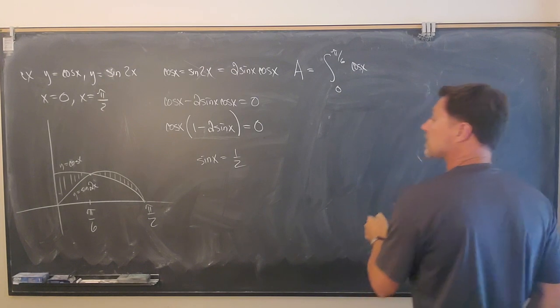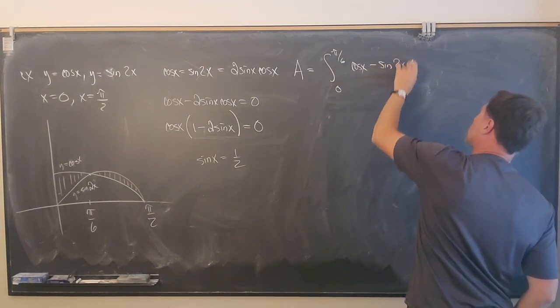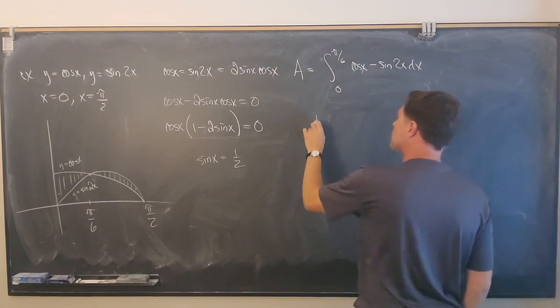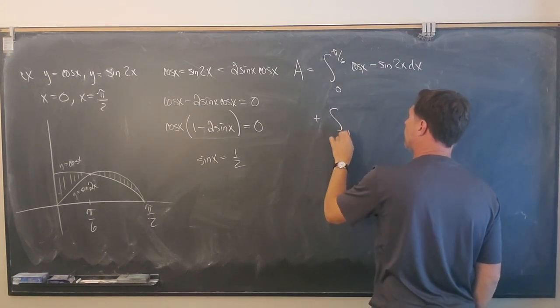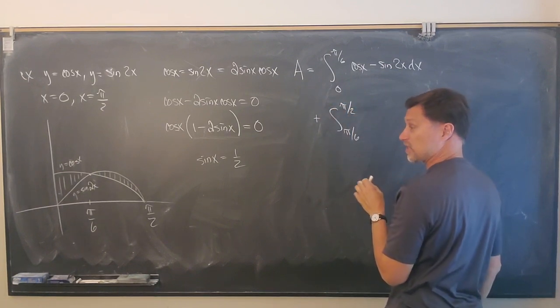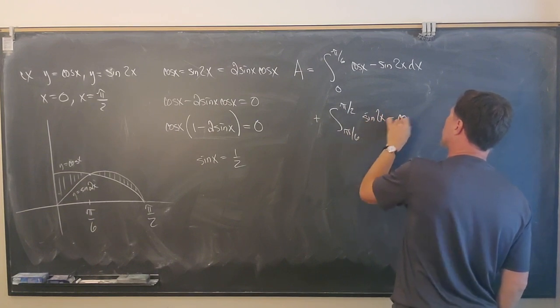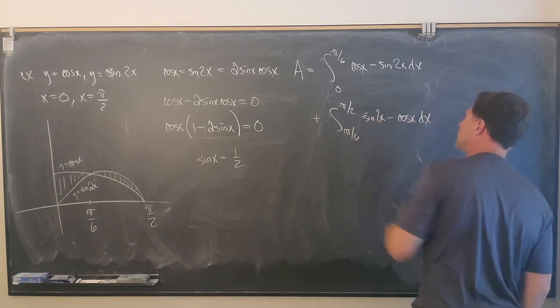So it'll be cosine x minus sine 2x dx, plus the integral from pi over 6 to pi over 2. Now the top function is the sine graph, so it'll be sine 2x minus cosine x dx.